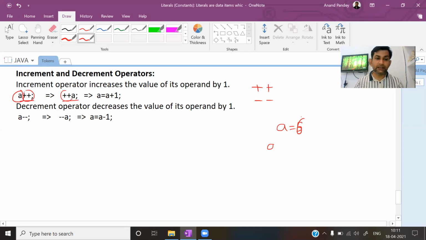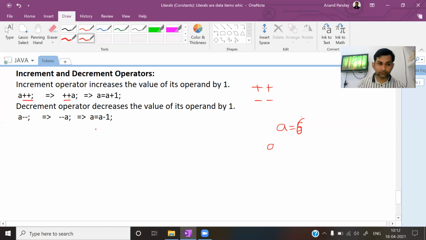Here also this plus plus is what? Operator, and this a is what? Operand. So in both the cases this operator increases the value of its operand by 1. So if you are writing after the operand or before the operand, both are similar, but कुछ तो difference होगा. So that difference I am going to discuss with you.